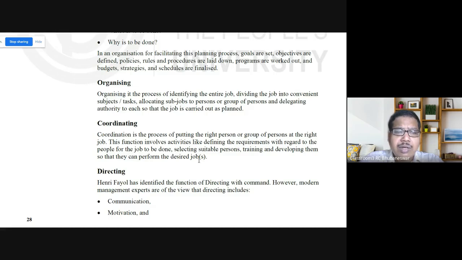Otherwise it will make a diversification of job, where one job requirement is different and the person's skill is different, and they are not meeting each other. So coordinating is one kind of directing, directing somebody to go for a particular command to obey, and then only the functionality will start. It is one kind of communication. Remember, communication is possible when the first requirement supports the skill available with the person. Then only it can be possible, or else it cannot be.